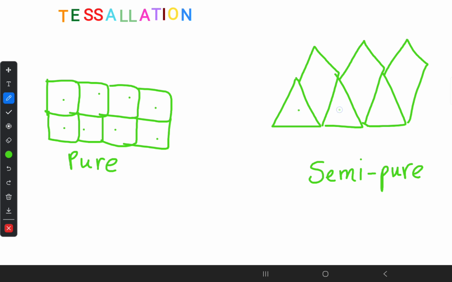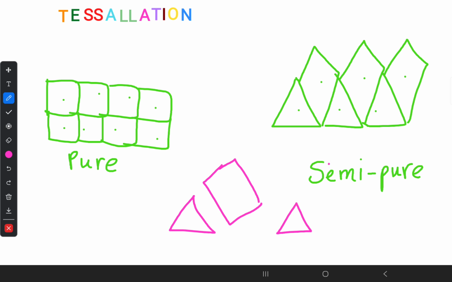Here we can see these are identical triangles, and these are identical rhombus. These two are not the same. This is triangle, this is rhombus. Those are two different shapes that will create semi-pure tessellation. And there should not be any gaps between these shapes. For an example, here there is a square and here there is a rectangle.